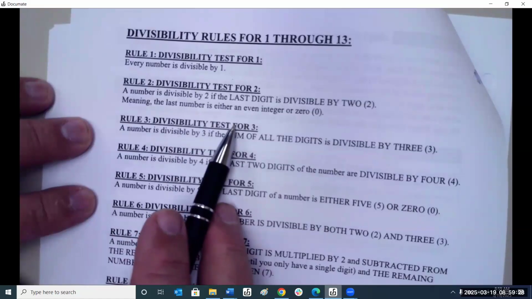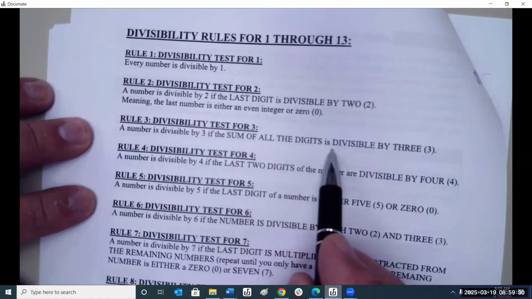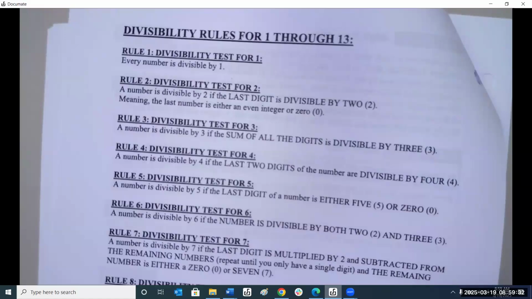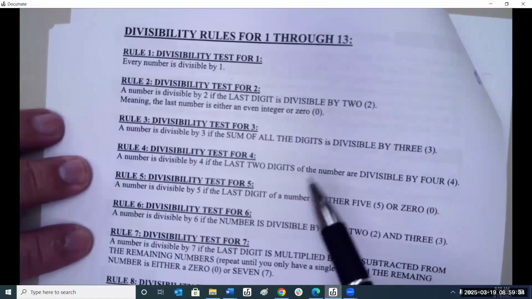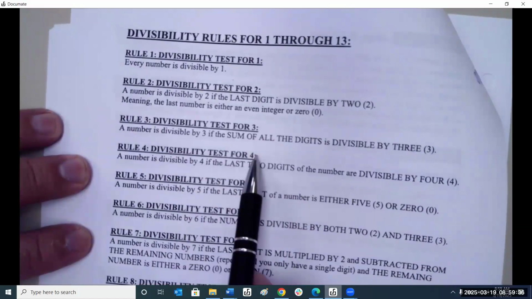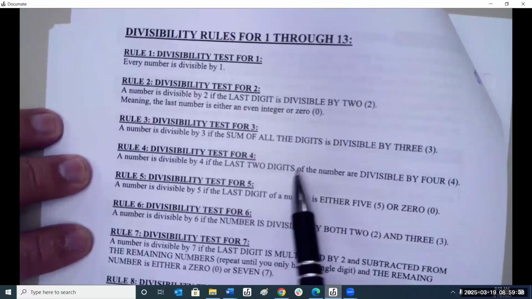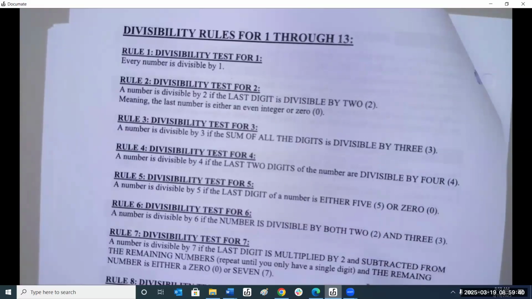It's divisible by 3 if the sum of all the digits is divisible by 3. It's divisible by 4 if the last 2 digits are a number that's divisible by 4. Again, to be divisible by 4, it's got to be divisible by 2 twice.